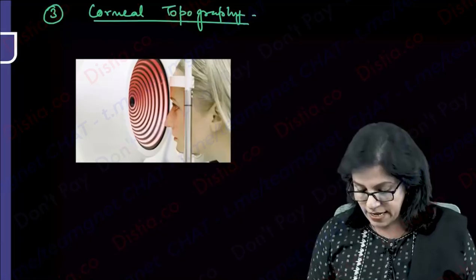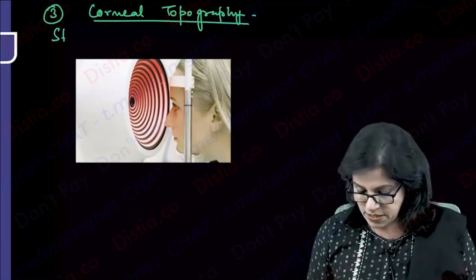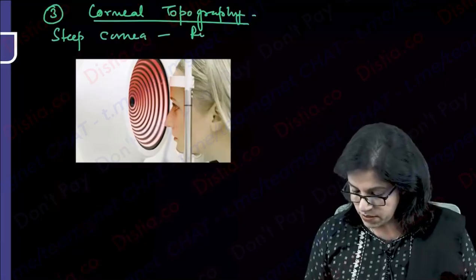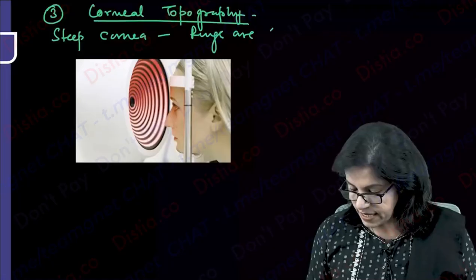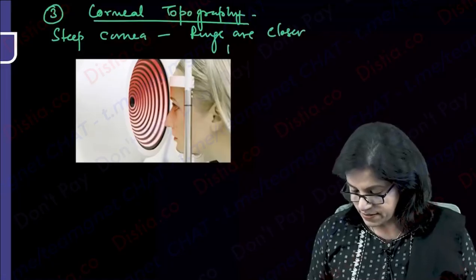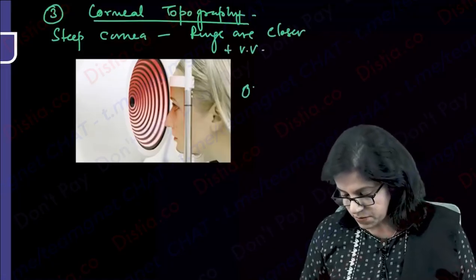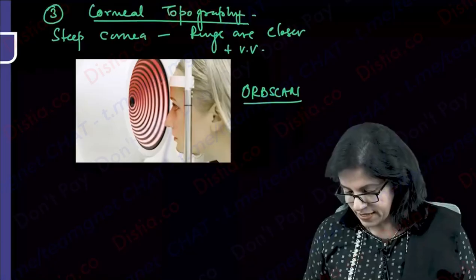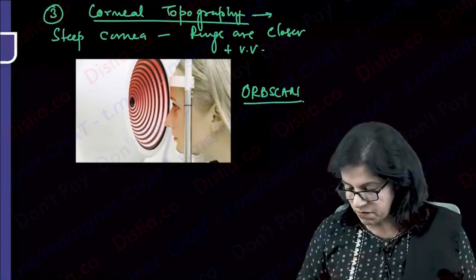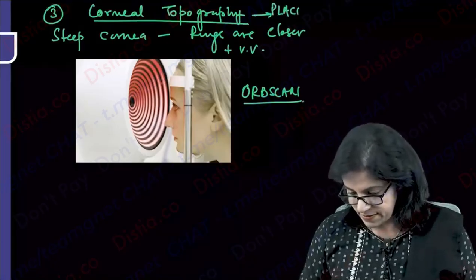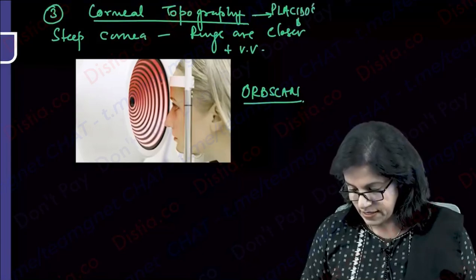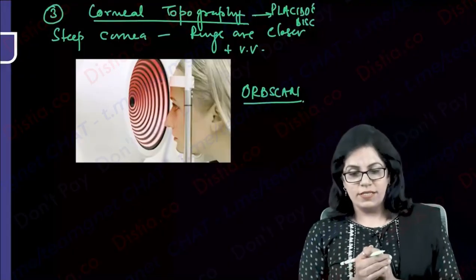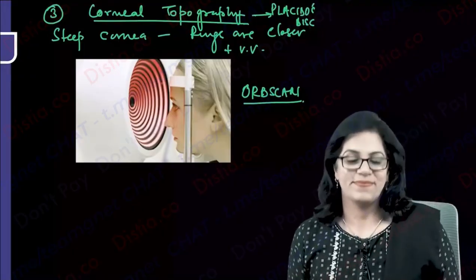Again, as I said, in a steep cornea you get closer Mires, the rings are closer, and vice versa. Name of the instrument just now, OBSCAN. So, it is all based on the principle of Placido's disc, right?